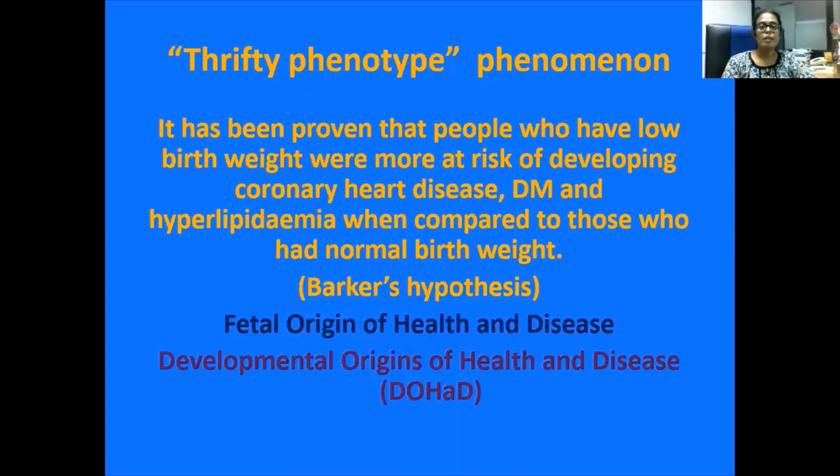So this was described as the fetal origin of health and disease, right? Later they found that not only fetal origin, even other effects during critical periods of life will end up in these non-communicable diseases and other things in later life.